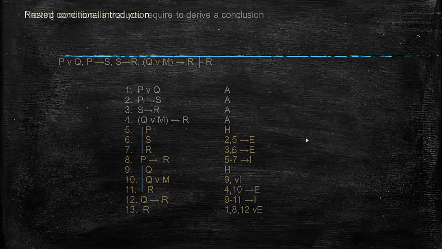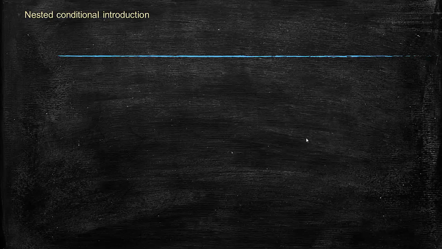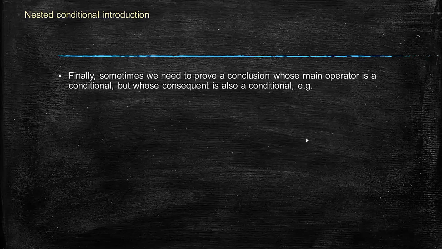Okay, finally, we have the idea of nested conditional introductions. Now, what we mean by nested is essentially that one is occurring within or inside another. So let's show how that works.